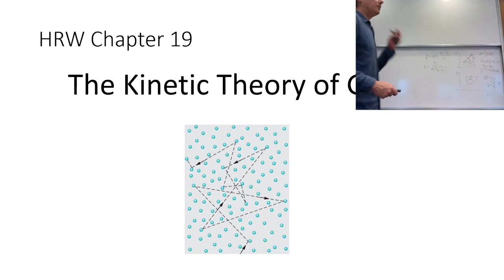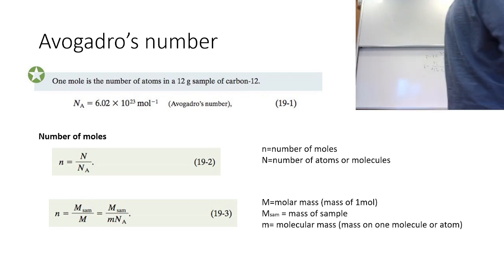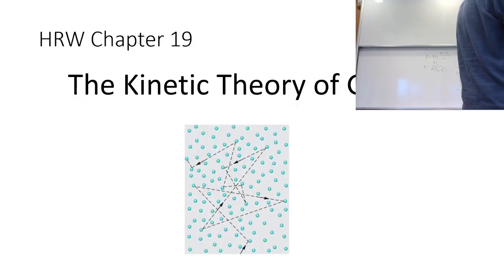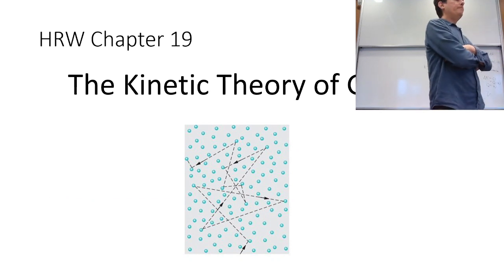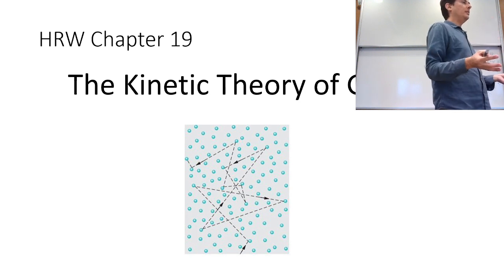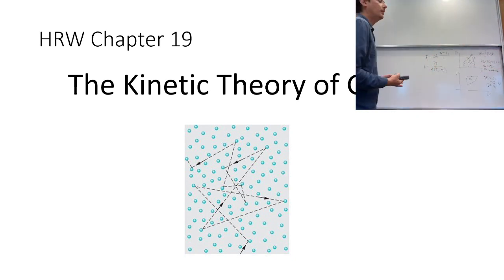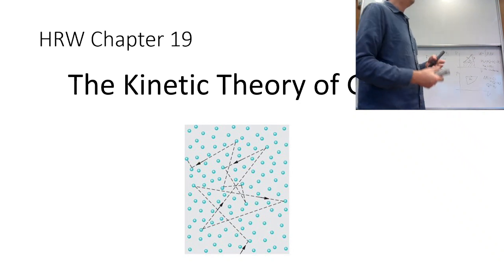All right, so let's keep going with the next chapter. Most likely you know this, but what is this chapter about? Last chapter we were taking the point of view of a particular gas, which we can characterize by a bunch of parameters like pressure, volume, temperature, number of moles.